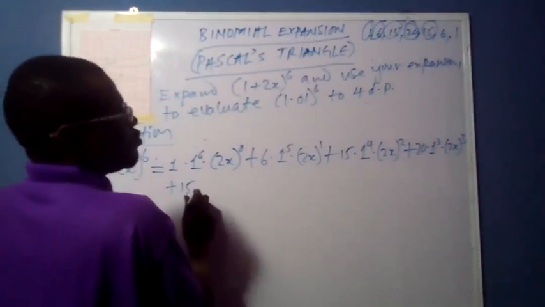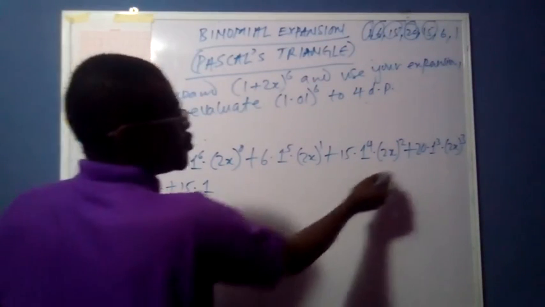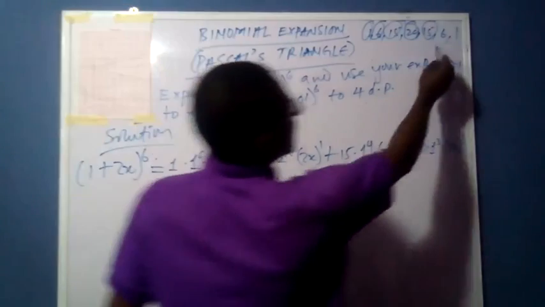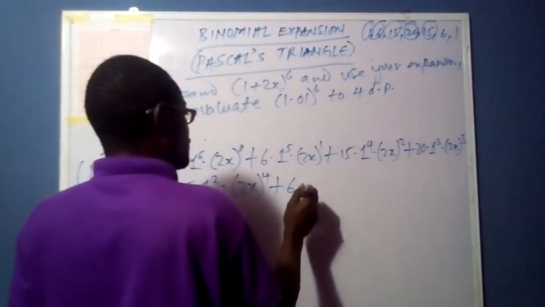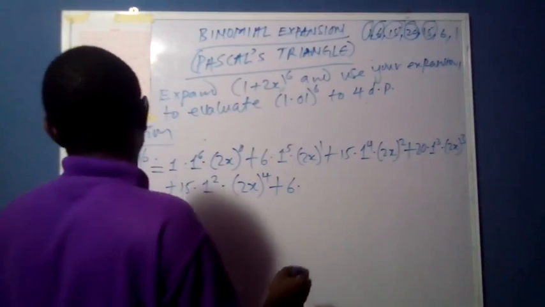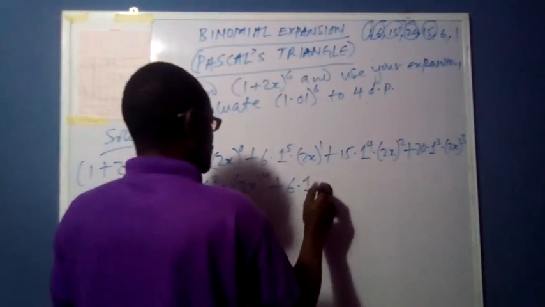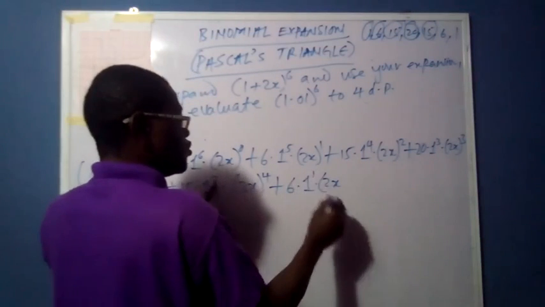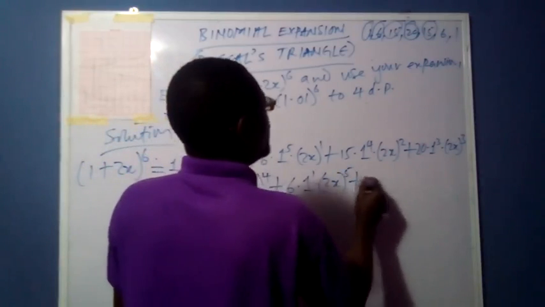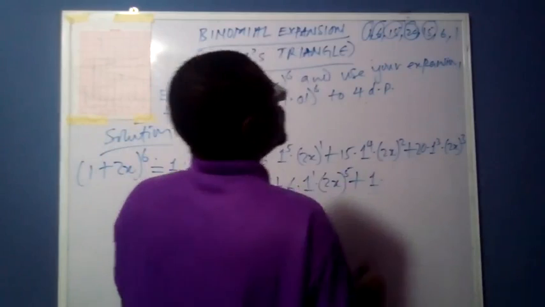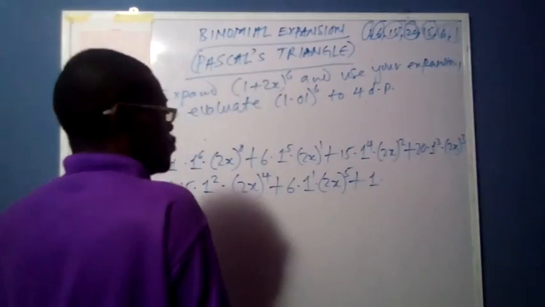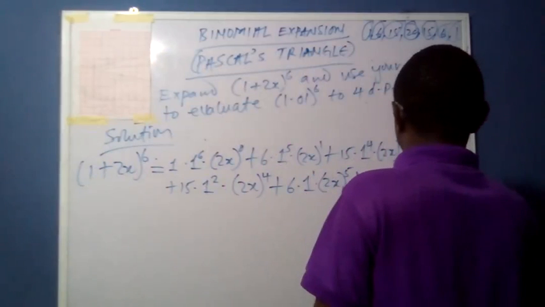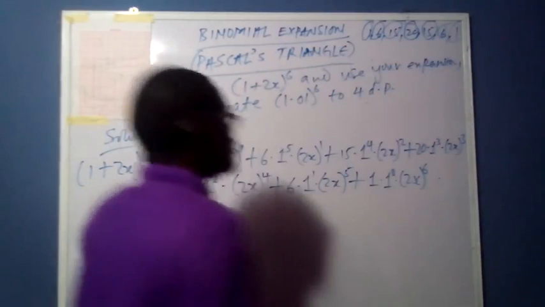So we have 15 multiplied by 1 raised to power 2, 2x raised to power 4, plus the next coefficient, 6, multiplied by the first term, 1 raised to power 1, multiplied by 2x raised to power 5, plus the last coefficient, 1, multiplied by the first term, 1, which was raised to power 1 and is now raised to power 0, multiplied by 2x raised to power 6. Then let's simplify.